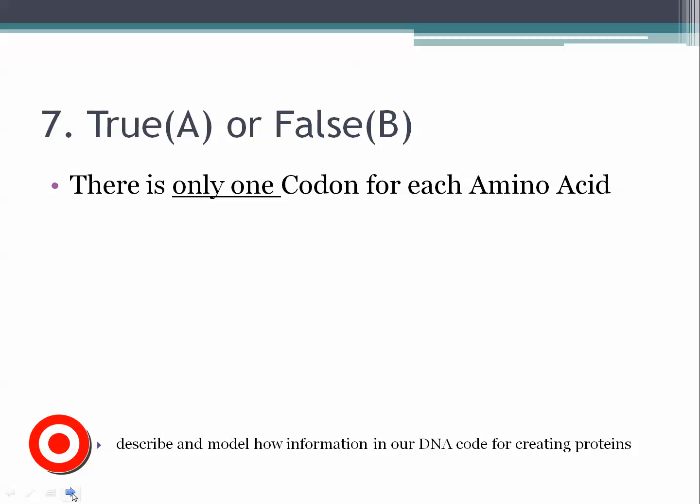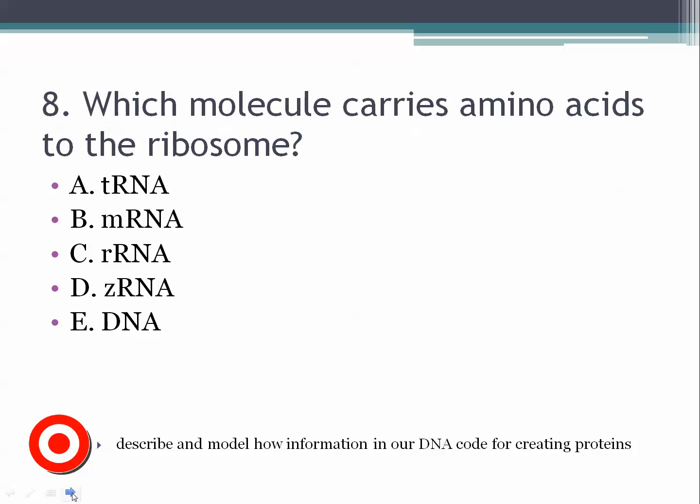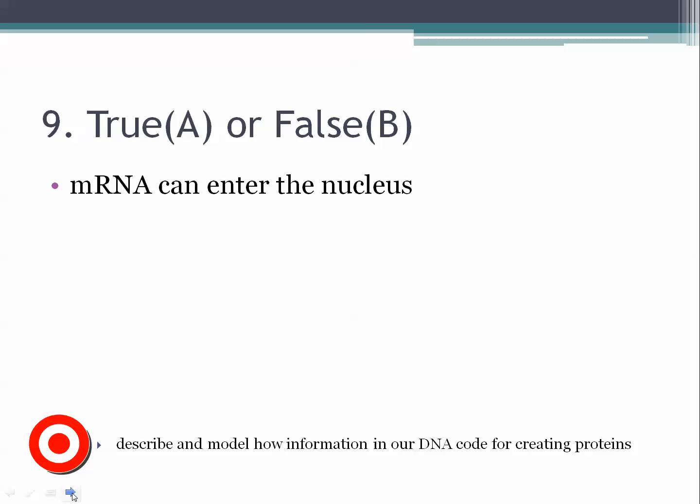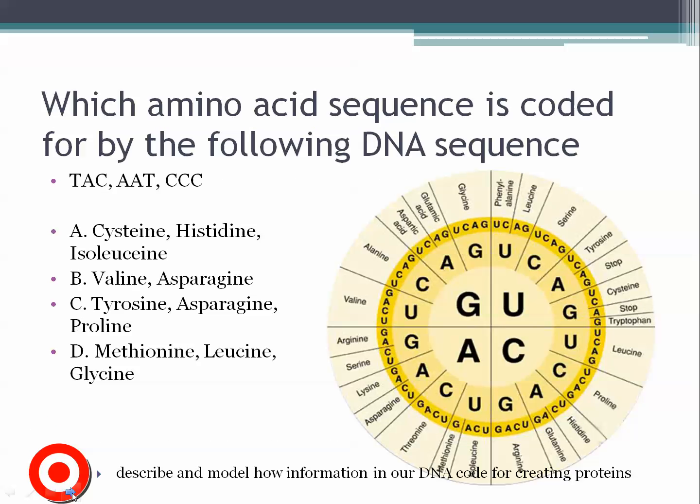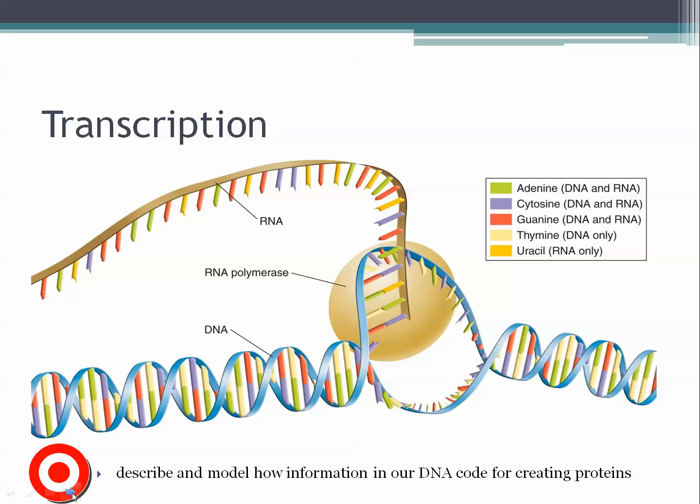True or false, there's only one codon for each amino acid. Which molecule carries amino acids to the ribosome? mRNA can enter the nucleus. True or false? And you're going to want to be able to turn a sequence of mRNA into amino acids. So that you should be able to do all by the end.